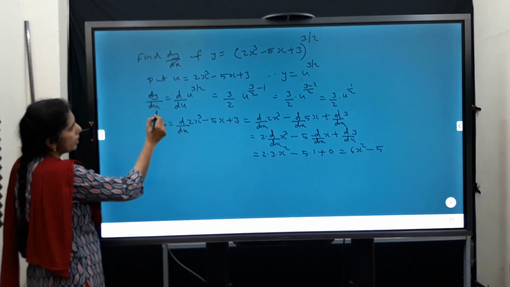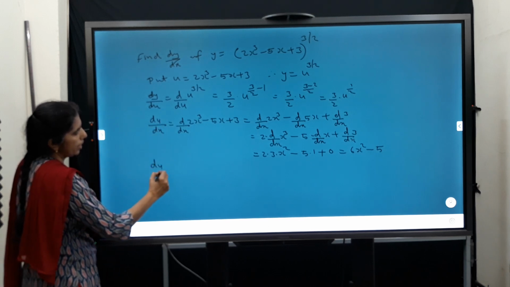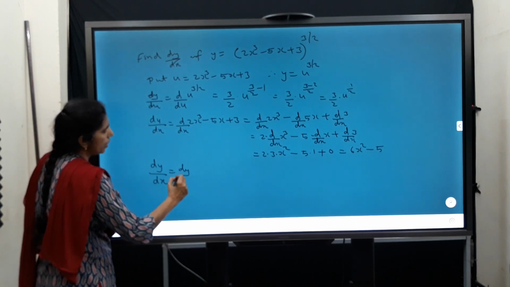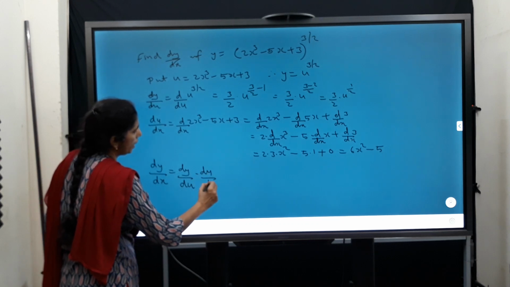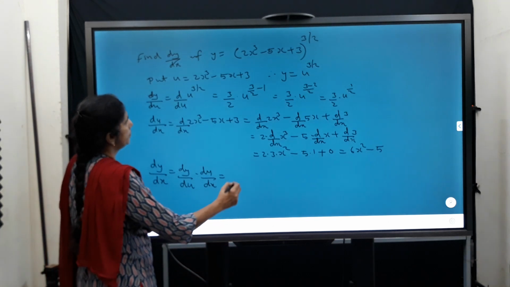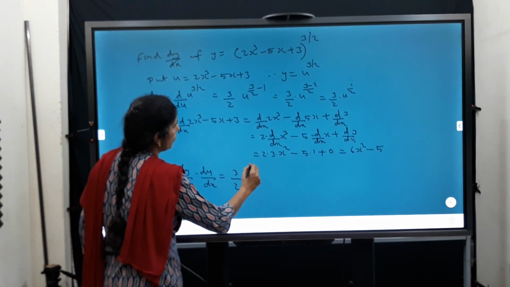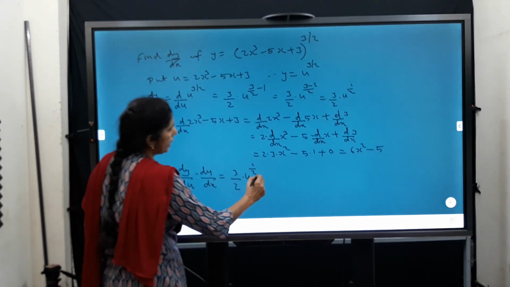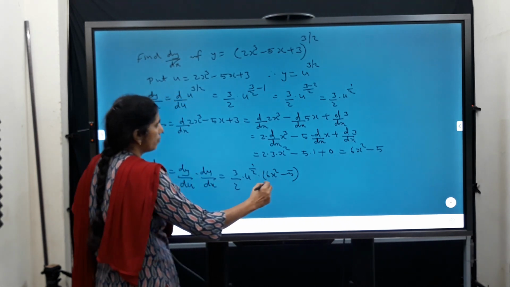So we got dy by du and du by dx. Now apply the chain rule. dy by dx equals dy by du into du by dx. That is equal to 3 by 2 into u raised to 1 by 2 into du by dx, which is 6x square minus 5.